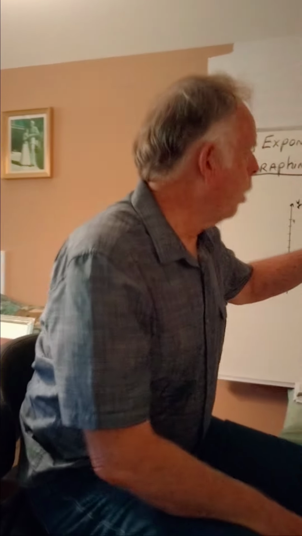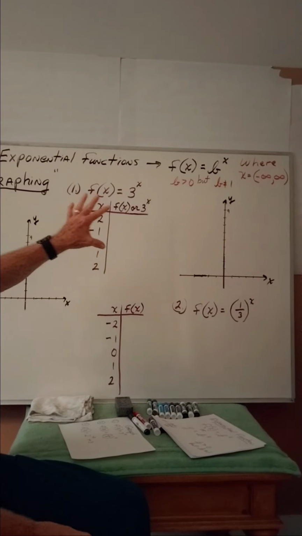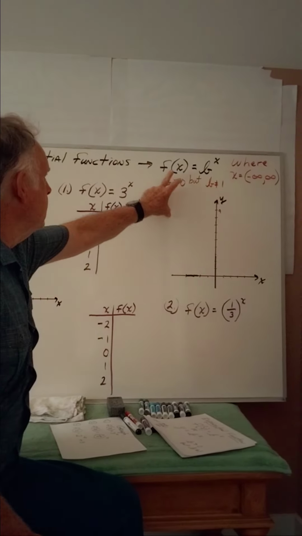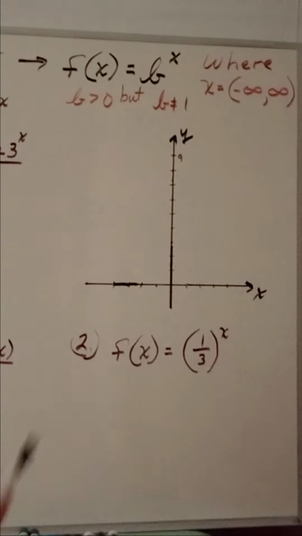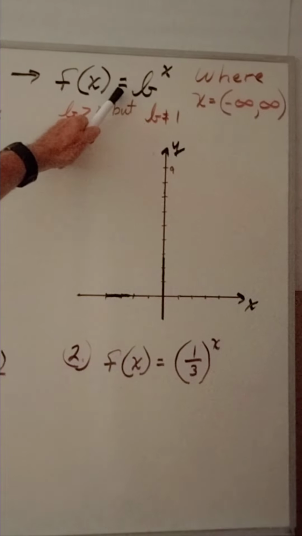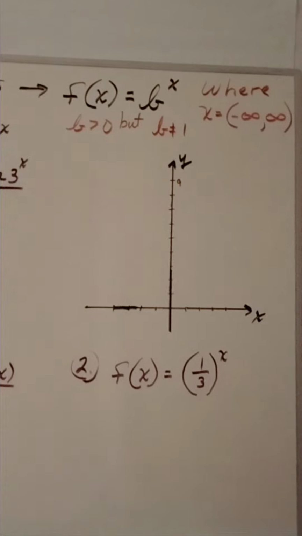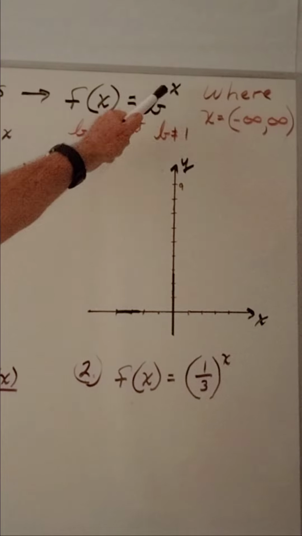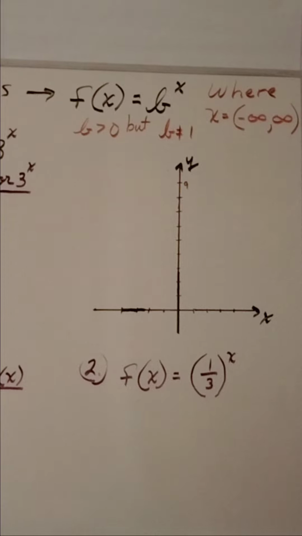The standard form of an exponential function that we're going to be dealing with primarily in 9.1 is f of x is equal to b to the x. Notice, an exponential function is an equation where the variable x is in the exponent position.